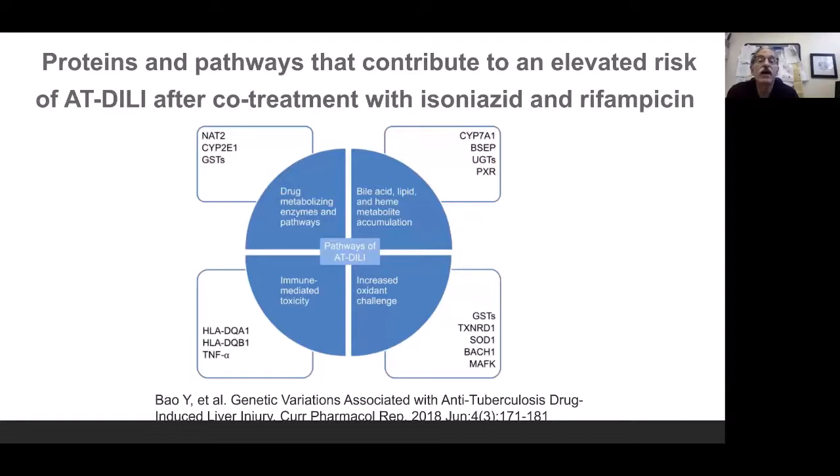And as we get further and further into this, we may be able at some point in the future to genetically profile patients to see who we can predict is likely to have a problem.